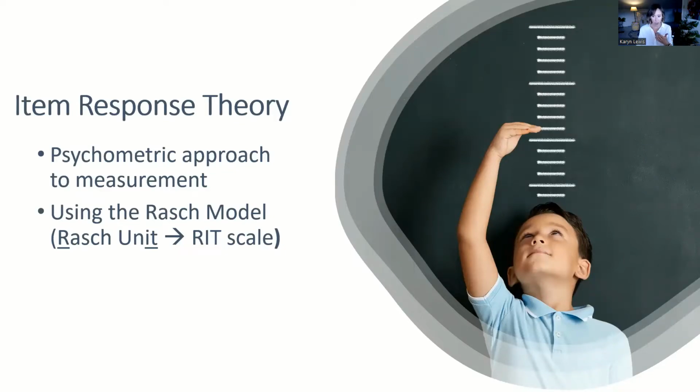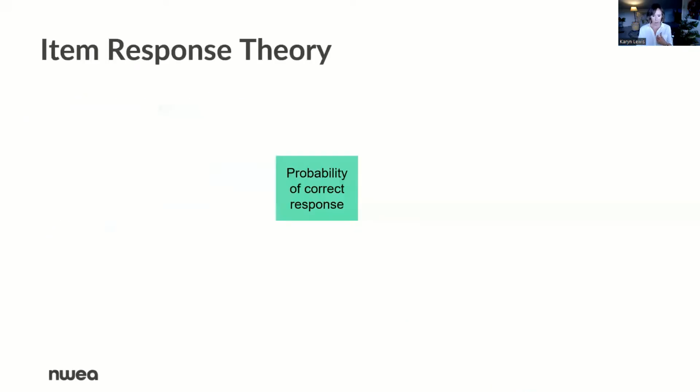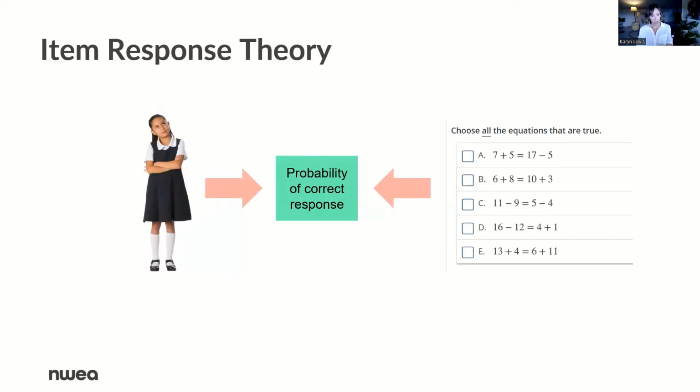In a nutshell, IRT and this approach to measurement takes into account that a person's response to a particular test item is influenced both by qualities of the person as well as by qualities of the item. Applying this to our measurement of achievement, the probability that a student is going to give a correct response to any item on an assessment depends both on that student's achievement level as well as the difficulty of that particular item.